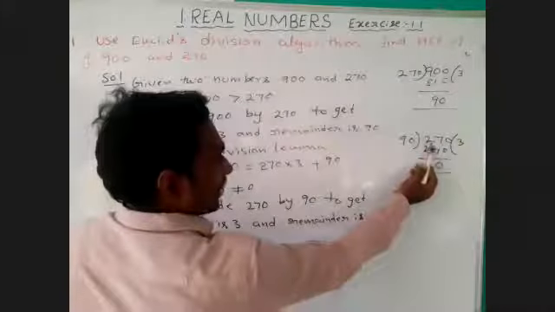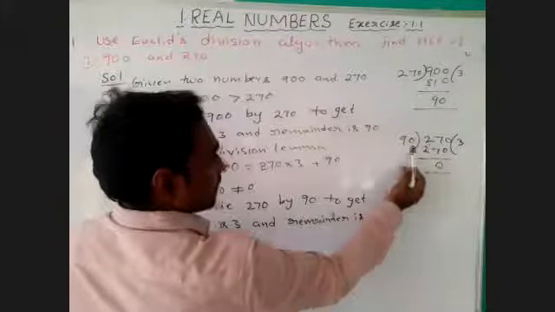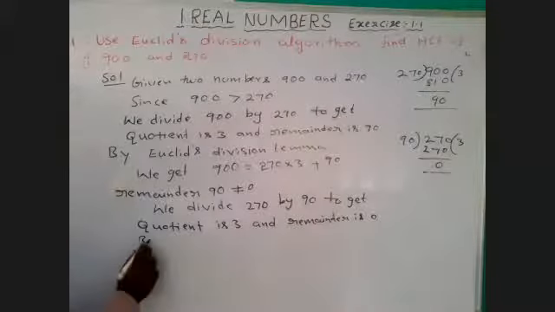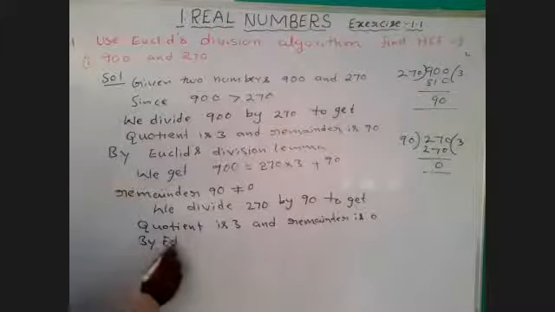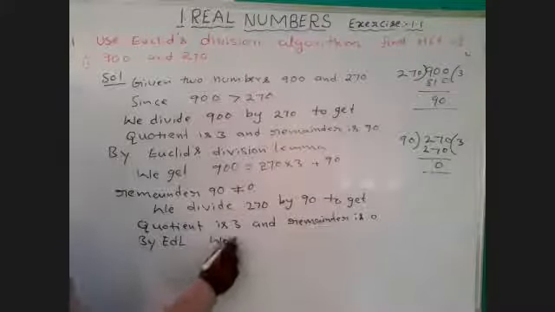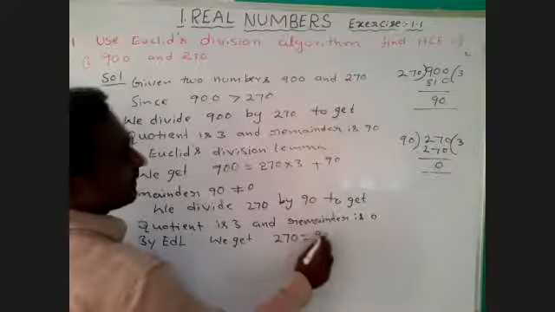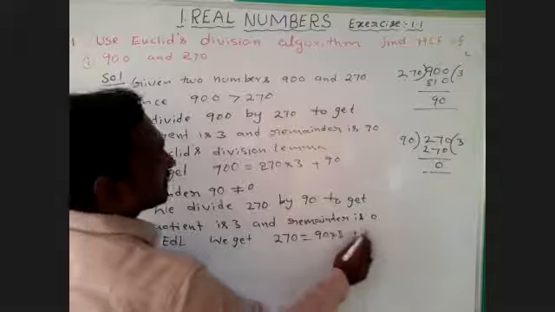By Euclid division algorithm, apply this: dividend is equal to divisor into quotient plus remainder. We get 270 is equal to 90 into 3 plus 0.